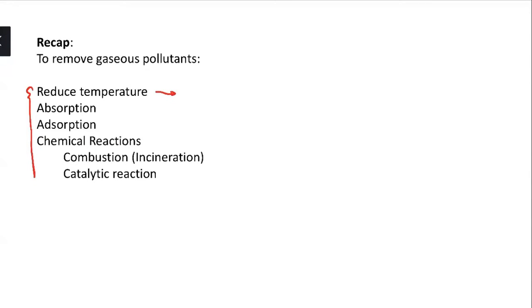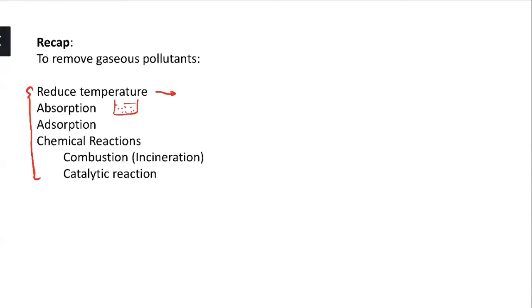Yeah, so this is basically what we learned from our last class. So we talked that we can reduce the temperature to remove the VOCs, basically condense them into liquid, right? And then collect these VOCs. We can use absorption. So absorption means some VOCs can get penetrated to the inside of the liquid, right?